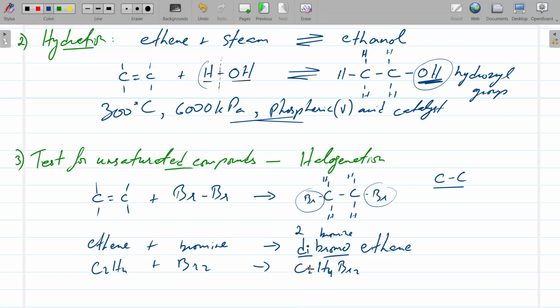The first thing, why are we using bromine? Because bromine is an orange brown solution.